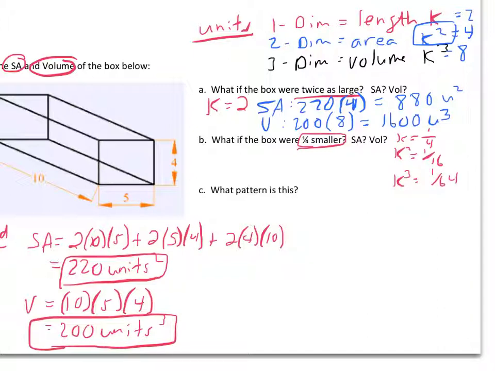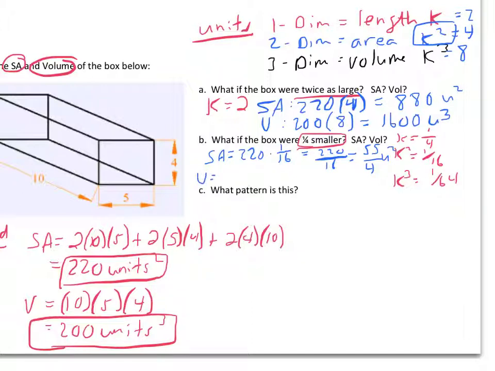So the surface area, again, which is 220, we would take times 1/16 because it's area, so K squared. That's the same as 220 divided by 16, which reduces down, and we'll just leave it like this, 55/4 units squared.